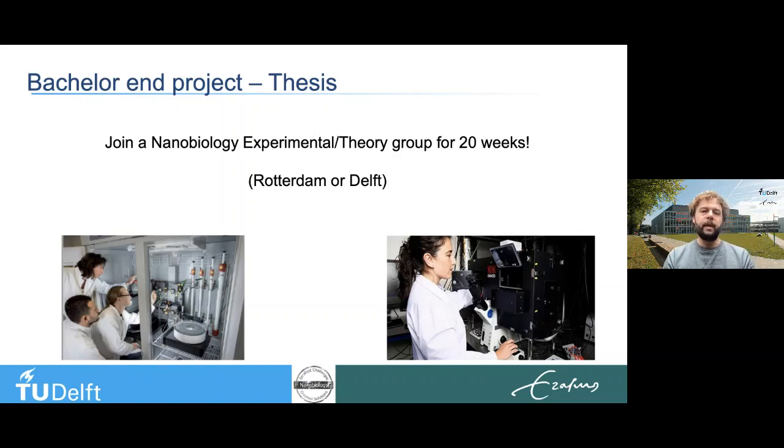So basically, you're looking through the list of teachers and what they are studying in their research groups. And then as a student, you choose a topic you like and join that group for 20 weeks to do an independent research project together with a supervisor, such as a PhD student or a postdoc.